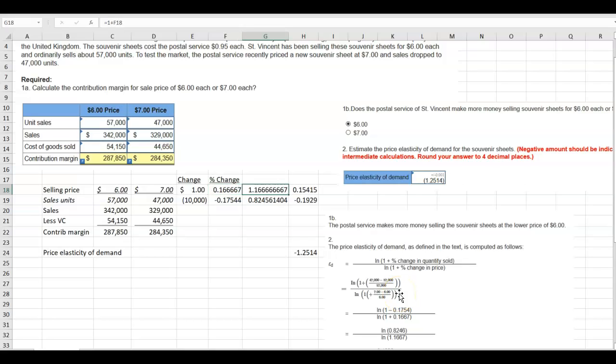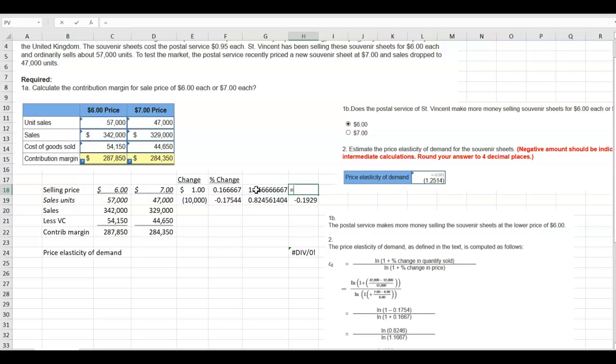So if I move over to the next part of the function, we've got to add 1 to it. So now I'm just adding 1 to the percentage change, right? 1 plus the value in the cell to the left. All right, and then we're going to take the natural log of that. And in Excel, what you do is you enter equal LN and give it the cell. All right, let me just do that here.